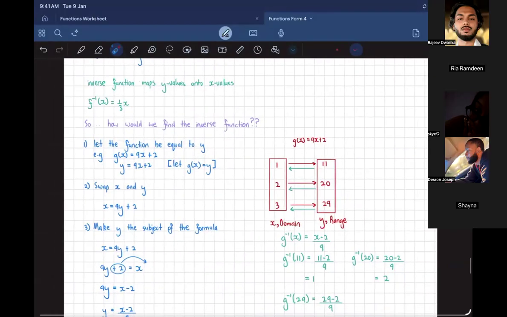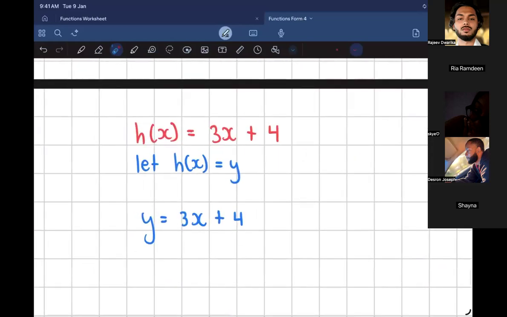So for anybody here confused about why I'm saying h of x is y, that's because a function gives you a y value. Ria, if I plug an x value into a function, I get a y value. So the first thing to say is I'm going to let the function be equal to y because it will give me a y value.